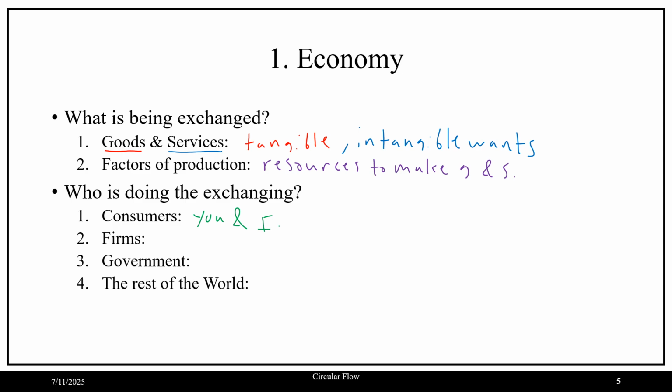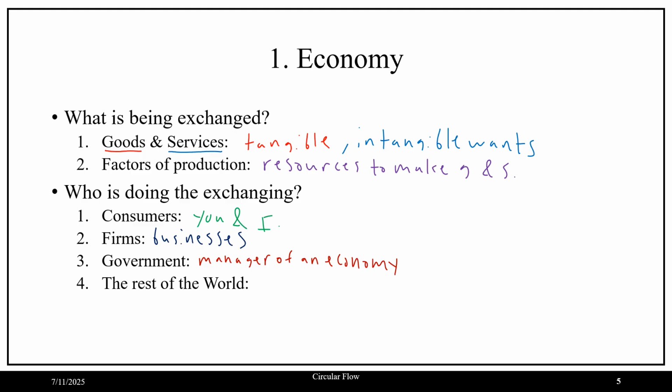Our second type of agent is going to be the firm, which are going to be also known as businesses. Our third agent is going to be the government, which we can think of as the manager of an economy.